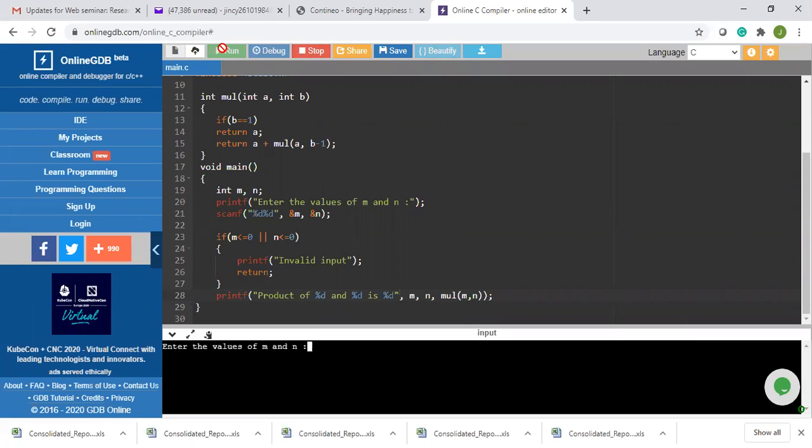Let's see the run, which we had seen already, 4 and 3. The answer we are going to get is 12.